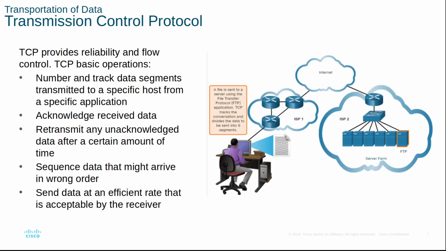And also, because there are sequence numbers, data can be put back in the proper order because it might arrive out of order. And it sends data at an efficient rate that's acceptable by the receiver. We're going to look at this in a minute, but as soon as packets start getting dropped, it'll back that off, right?